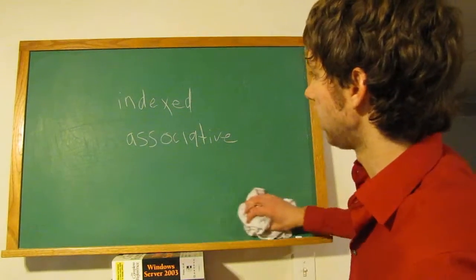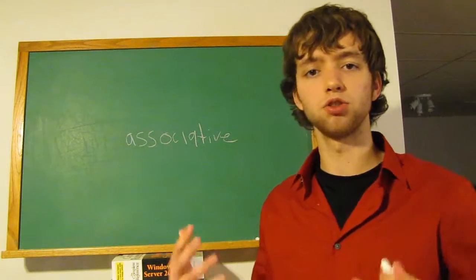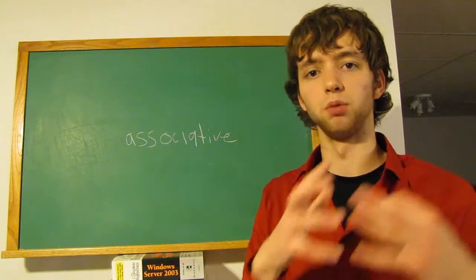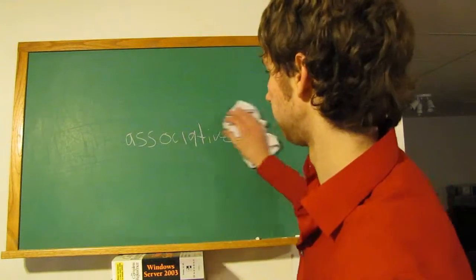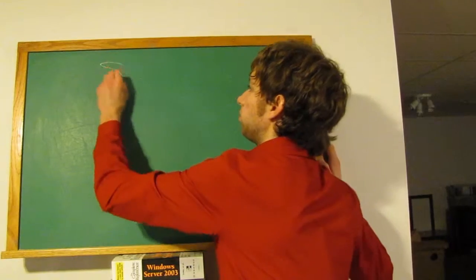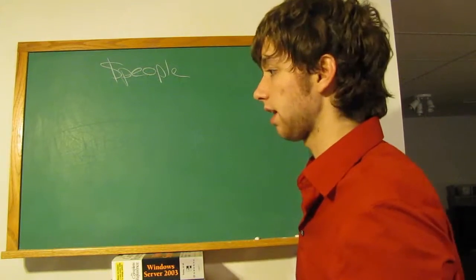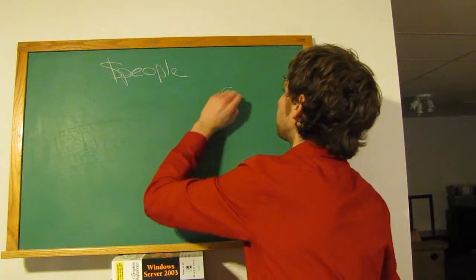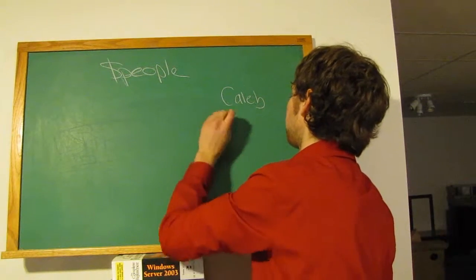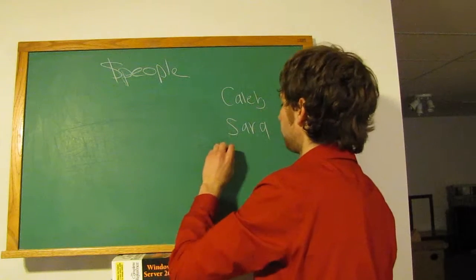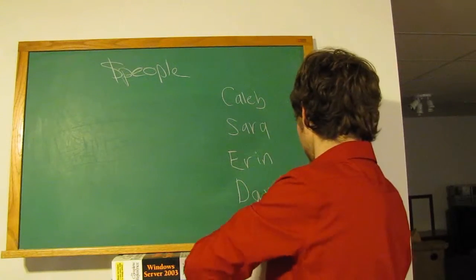We also have associative, so I'm going to erase index. Now an associative array ties two pieces of content together rather than one piece of content pointing to another. For example, if we had the array people, we assign it to the variable people, and it has the people, let's say Caleb, Sarah, Aaron, Dana.